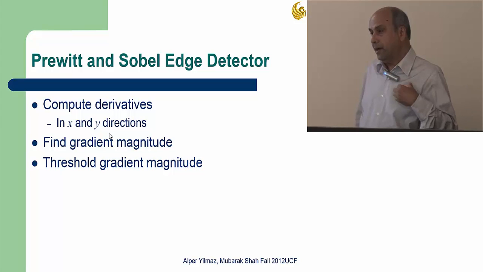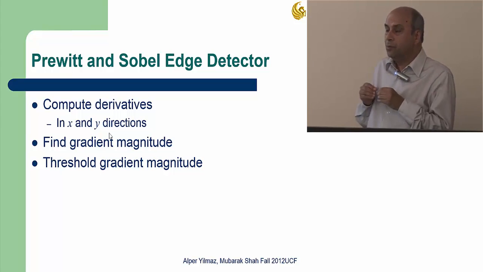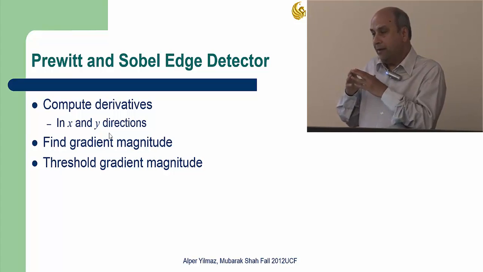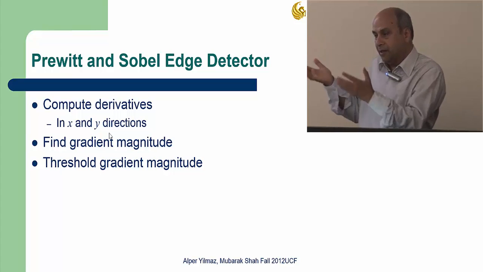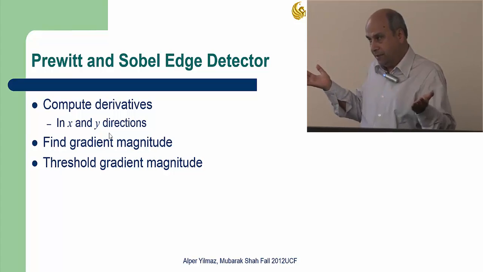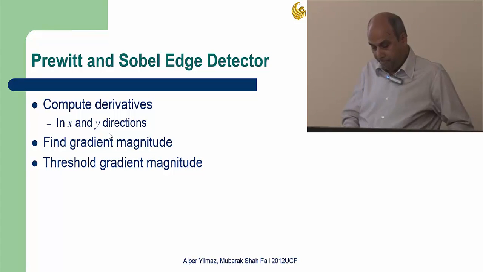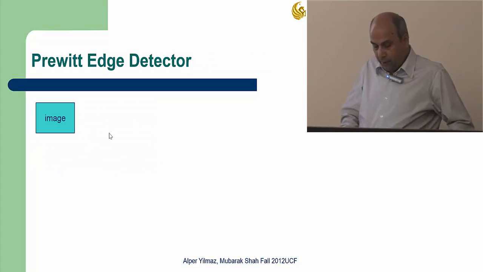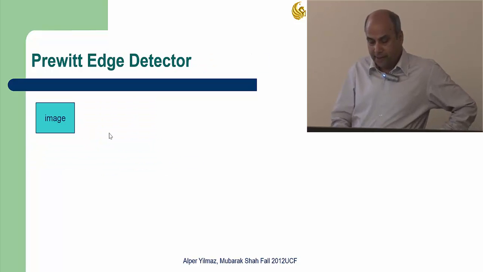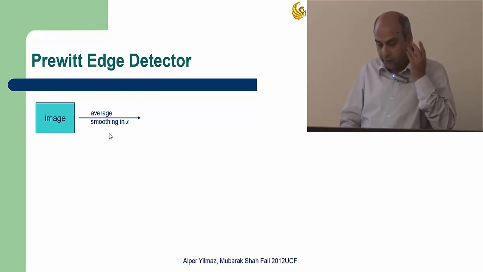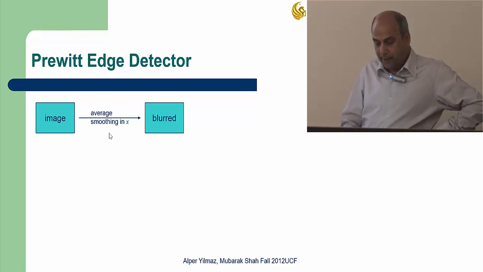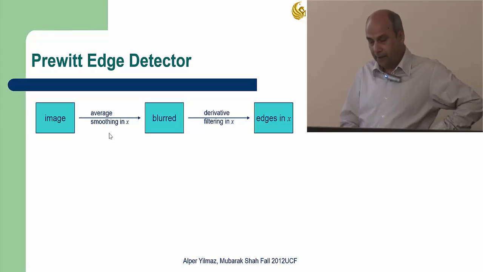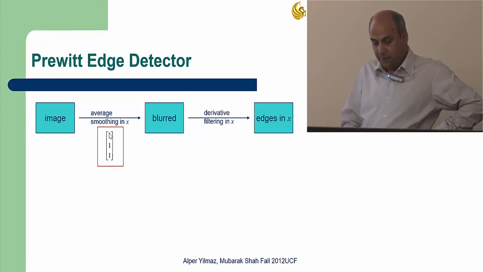And we'll threshold the gradient magnitude, because gradient magnitude tells you how much is the change, and if the change is significant, then that's an edge, otherwise it's not an edge. That's it. That's a very simple idea. So the process is that we take an image, we smooth the image, we get a blurred or smooth image, and then we find the derivative in x direction, and that gives you edges in x.